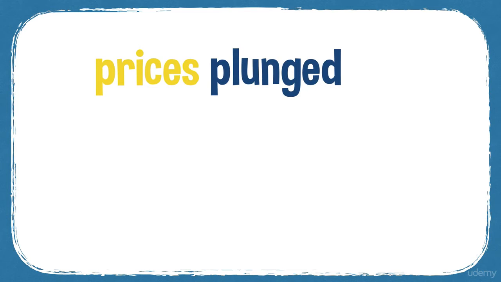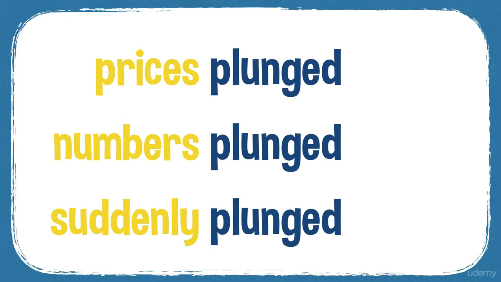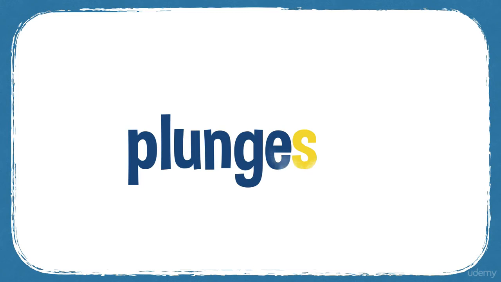So we can talk about prices plunged, numbers plunged, suddenly plunged. So you can use an adverb, but you don't really need to use many adverbs with plunge. Plunge, plunges, plunging, plunged are the verb forms here.